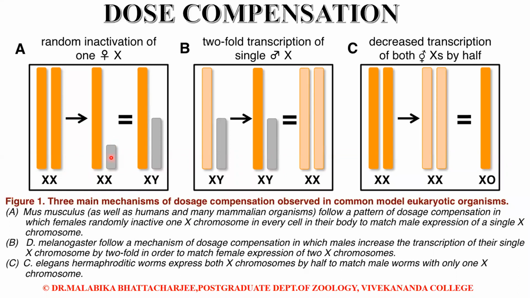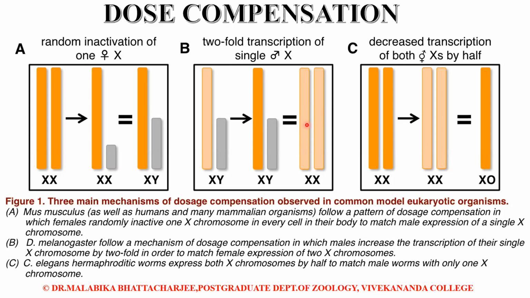Coming to Drosophila melanogaster, which is also a part of your syllabus. In Drosophila melanogaster, it has been seen that the transcription rate or the level of the single X chromosome in the male increases twofold in order to match the female X chromosome.